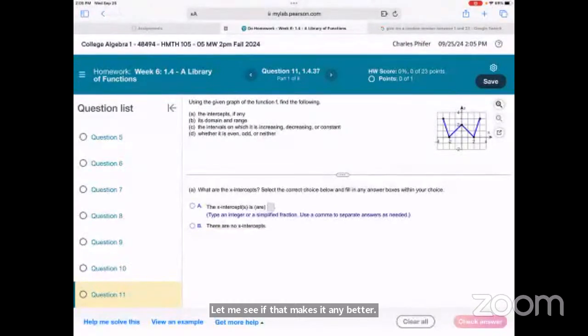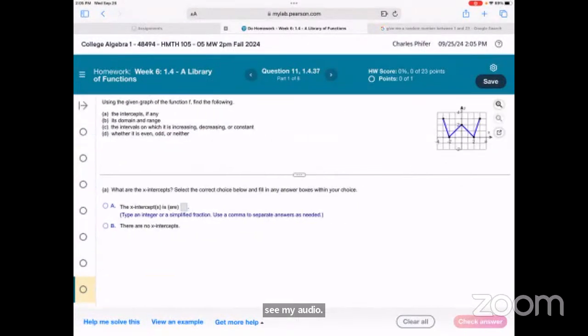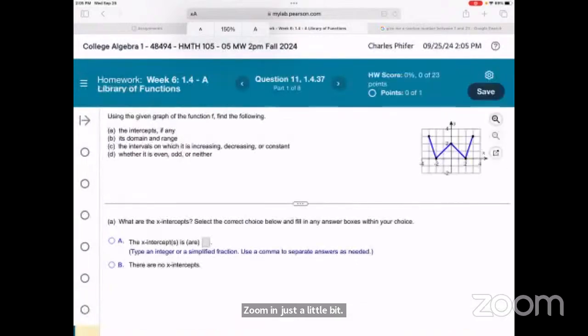Reclaim as host. Let's see if that's any better. Testing. Okay, I can see my screen and I can see my audio. Okay, I think we're okay. Zoom in just a little bit. The zoom on this is a little bit tricky. We'll let that be.